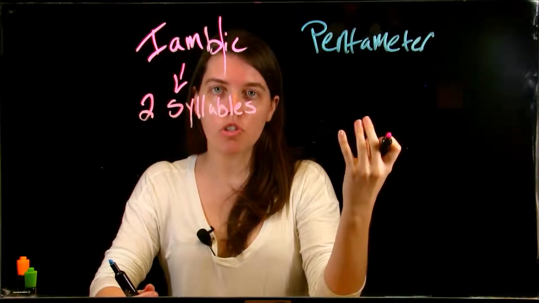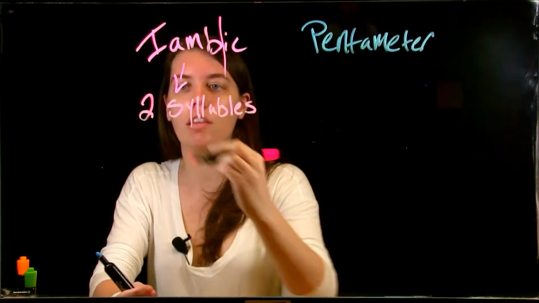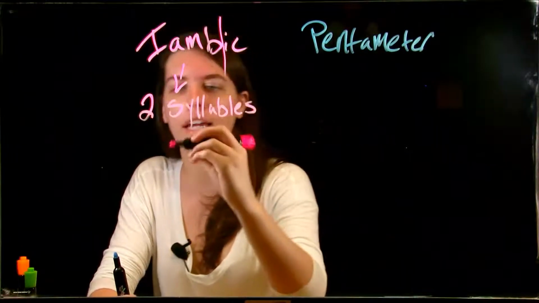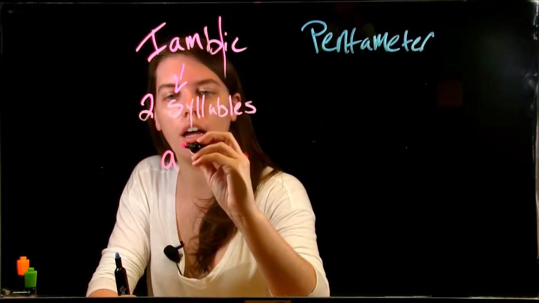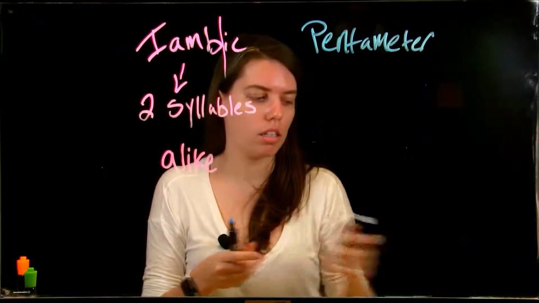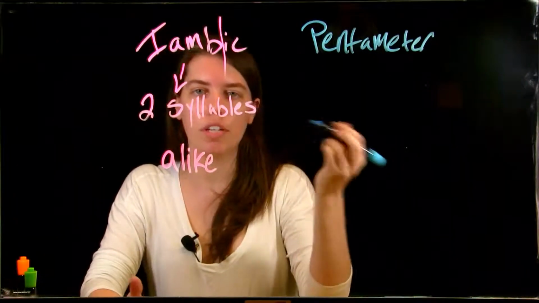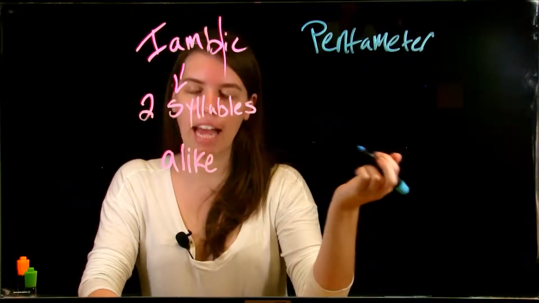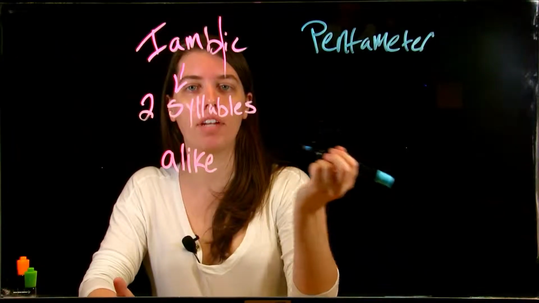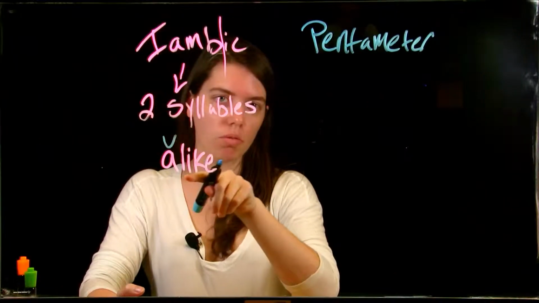Stressed is just what you put the emphasis on, versus unstressed is something that goes away. So if I were to take "alike," these two things are alike. It's one word, but we'll break it down into two syllables. Naturally, we say "a-LIKE," so it's going to have an unstressed syllable, a little u like that.